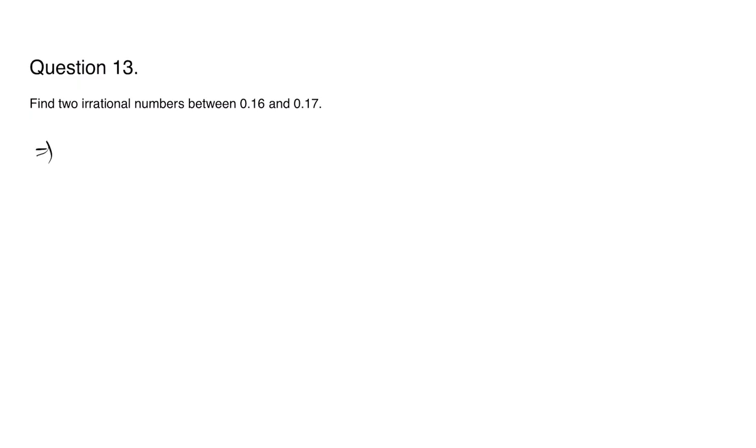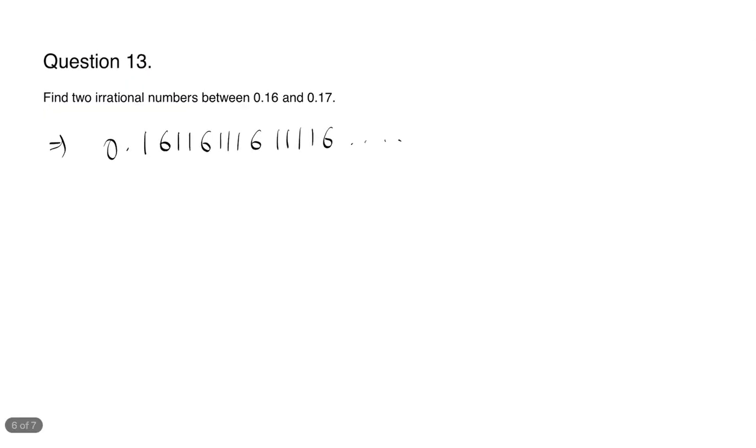Find two irrational numbers between 0.16 and 0.17. Very easy. You can write two irrational numbers greater than 0.16 and less than 0.17. It may be 0.161, 1116, 11116, and the second number 0.169, 669, 6669.